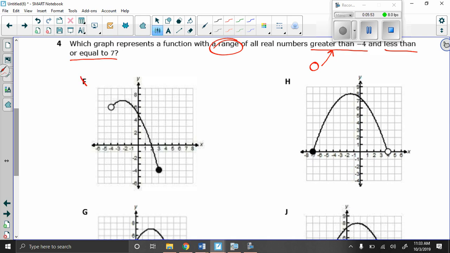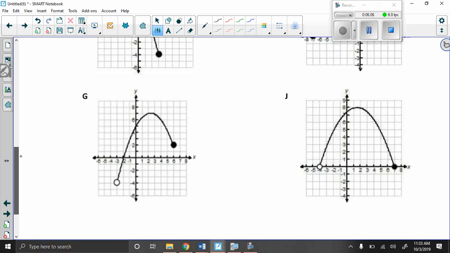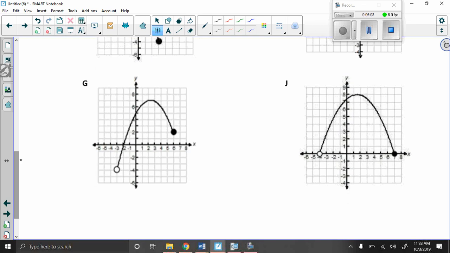Well, it's not F or H, because neither of those have an open circle at -4. Let's go ahead and scroll down. And if we look right here at G, we have an open circle at -4. And then our highest point is also at positive 7. So G would be the correct answer for that one.